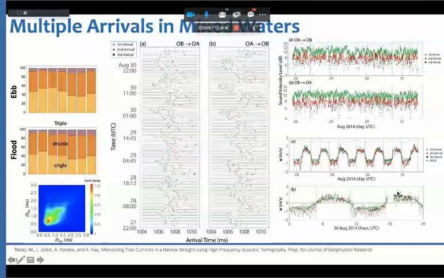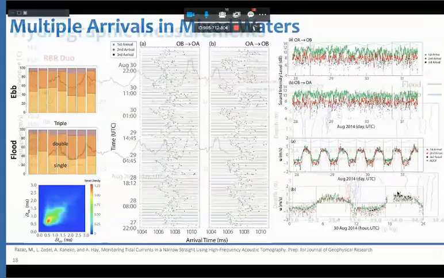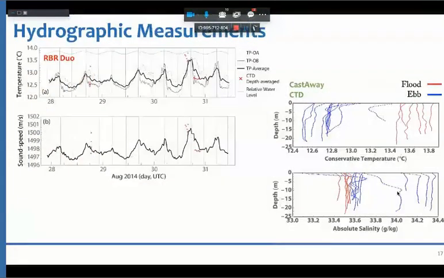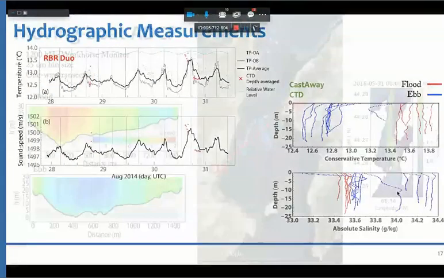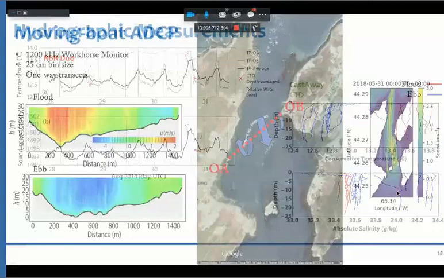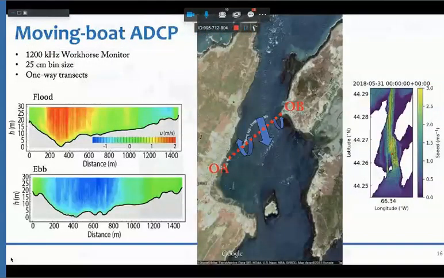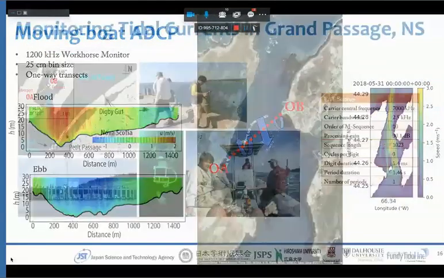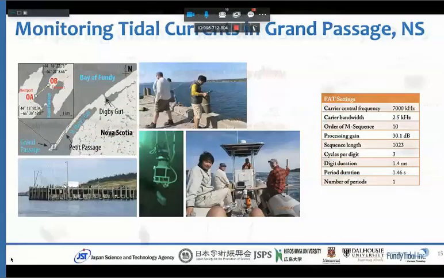In a river, you just have one clear peak, which means that's the arrival time. But in this case, we had three of those peaks.